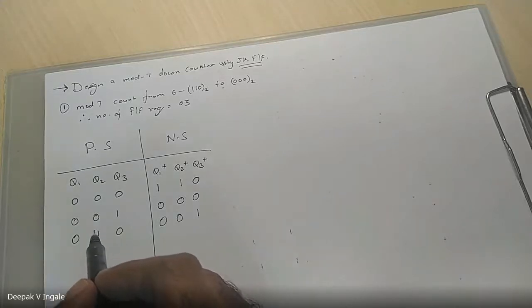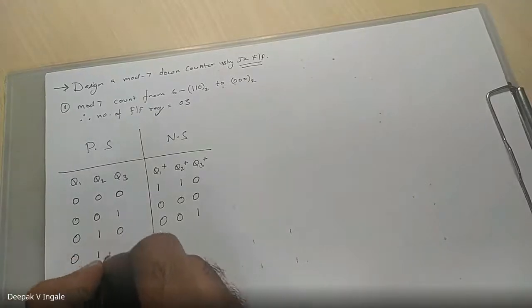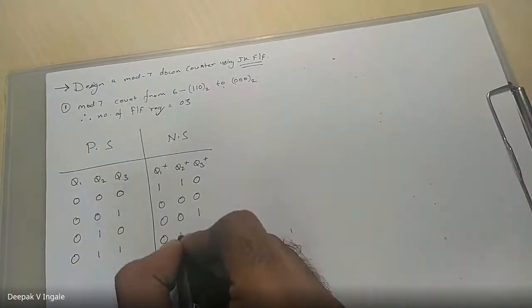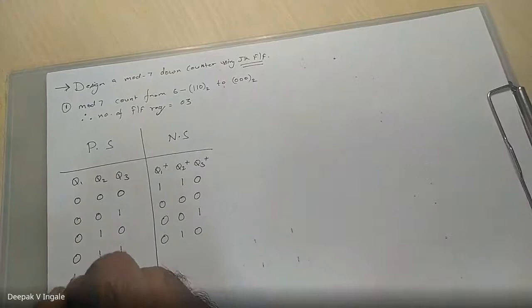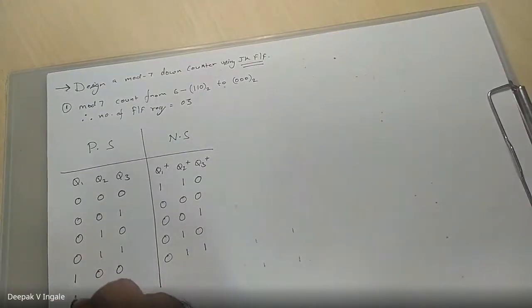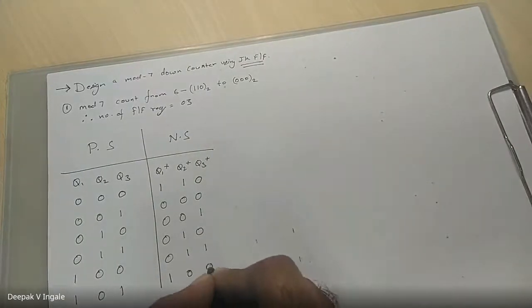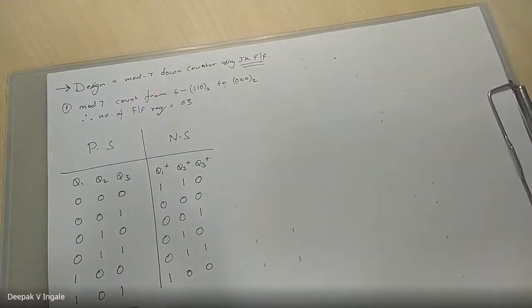If it is 2, the next count will be 1. Like that. 3 would be 2, 4 would be 3, 5 would be 4, 6 would be 5.